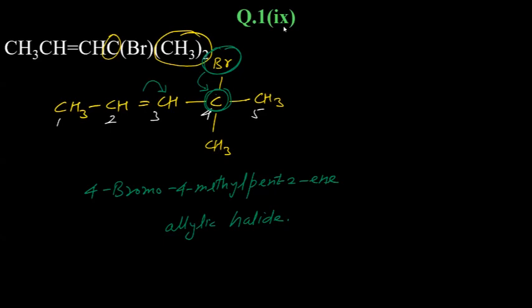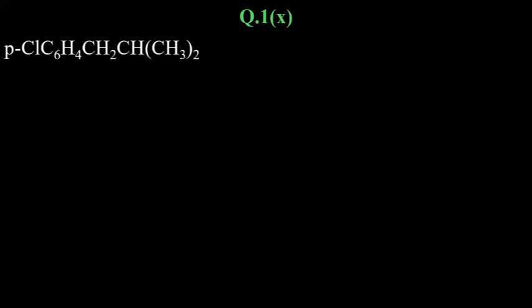Okay, now the next one. This indicates that para Cl means chlorine is on para position of C6H4 because there will be something else also attached. So normally it will be benzene ring C6H6.